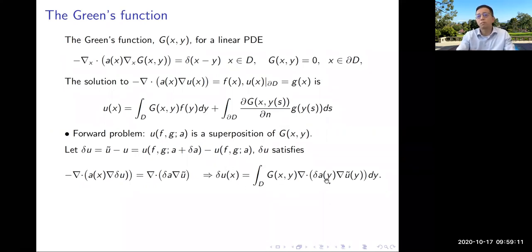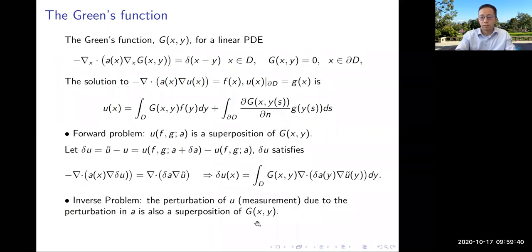Of course, if you solve this, it's much harder because G depends on delta A too, because G depends on A. If you have A plus delta A, to recover A, you have to know the delta A. So this is a really nonlinear equation of delta A, but still the qualitative behavior of the Green's function, how rich it is, tells you, I mean, resolution, how much information you have, and so on and so forth. You can infer from this relation.